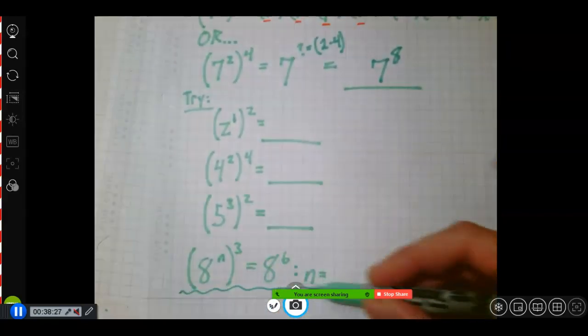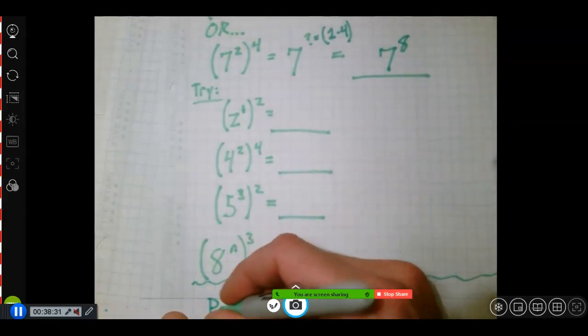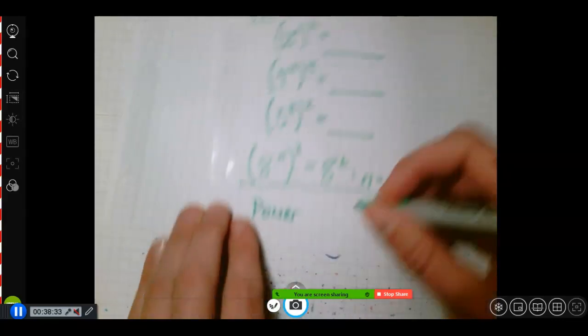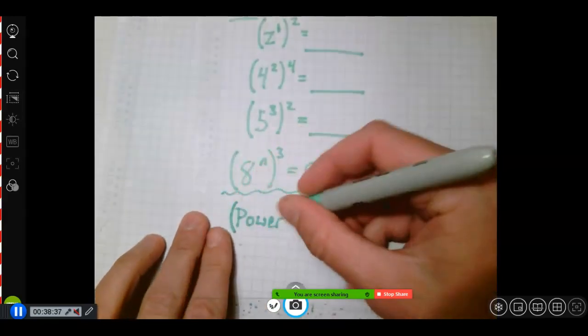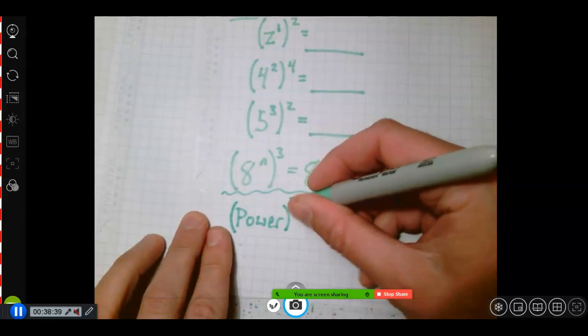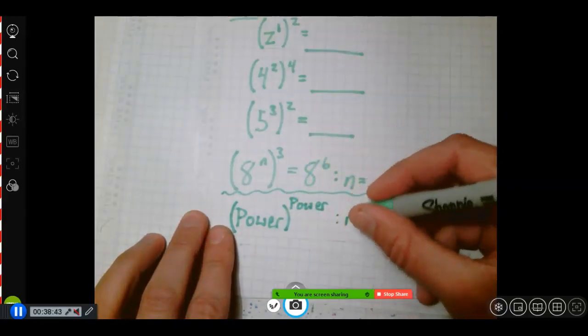So our rule is that a power raised to another power, that will multiply.